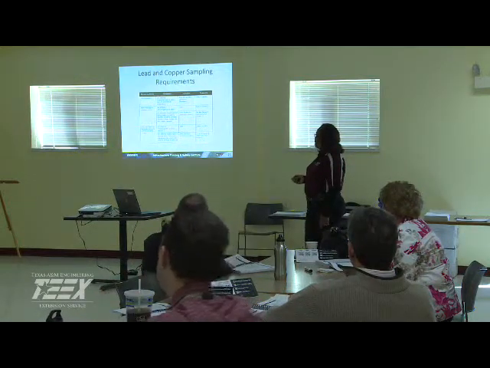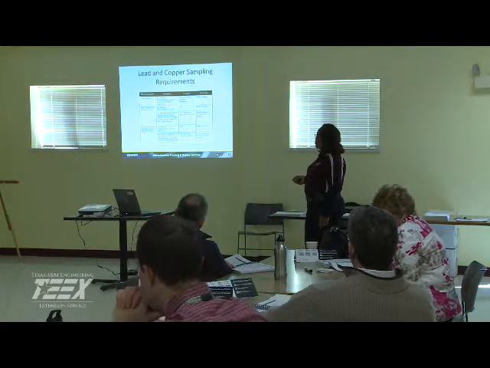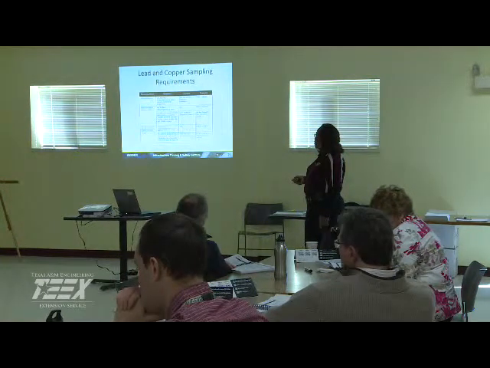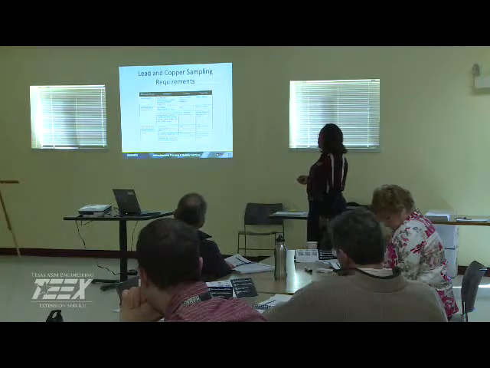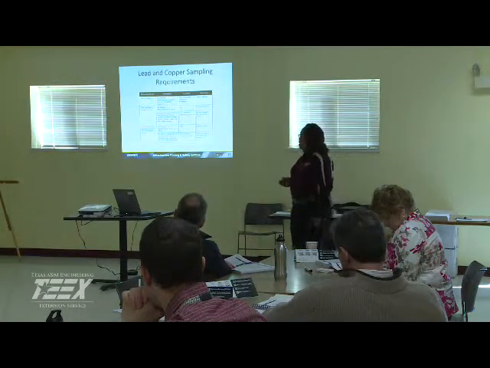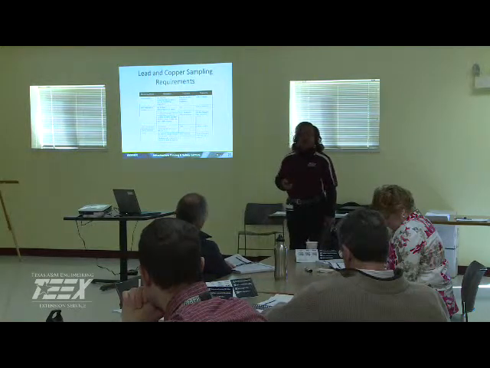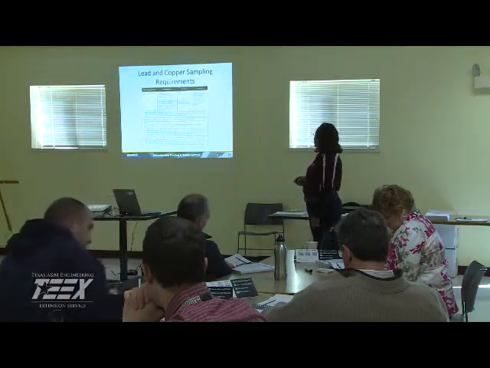If the state specifies parameter values for optimum corrosion control, we're still doing those analyses at those points, again, every 6 months, or no less than every 2 weeks. Those are the stipulations there.